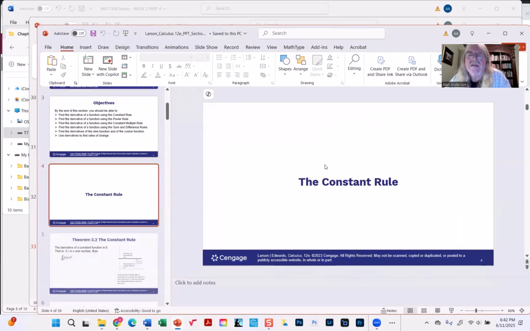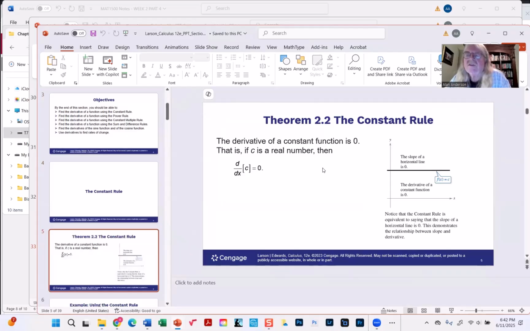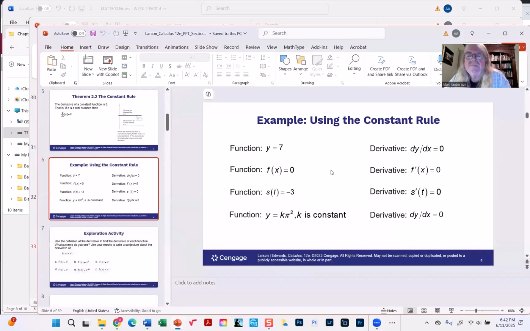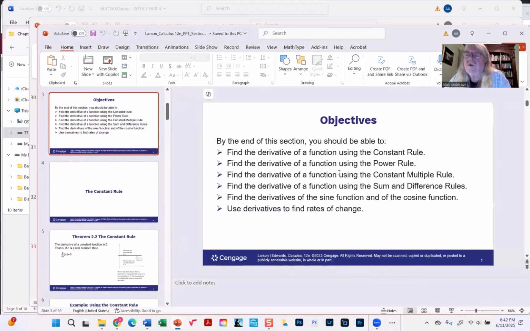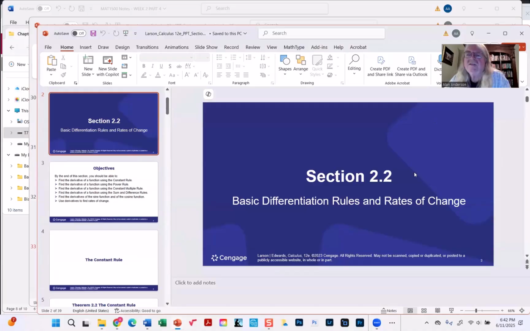That's what I figured. Okay. So this is where we get to learn all these different powerful rules. And there's quite a few of them, but we'll get used to them very quickly. And so this is where we'll pick it up next time. All right, I'll see you then.